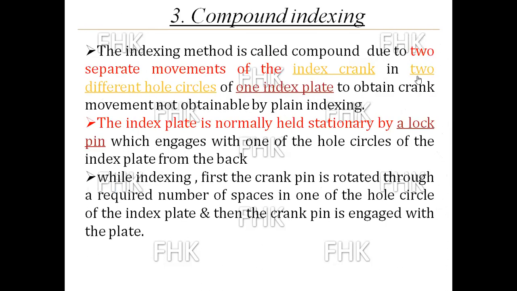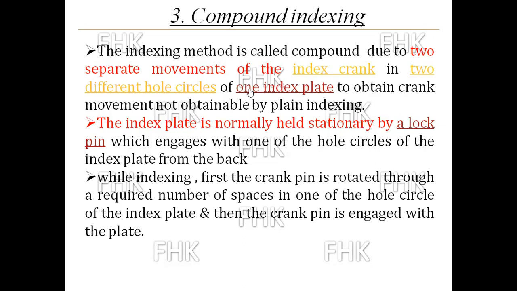So it is written here: two different hole circles on a single plate, on one index plate. Single plate means either the first, second, or third index plate. You do not use a combination from the first plate and the second plate. Why? Because once you fix one plate, you cannot disassemble it until you complete cutting the teeth on the gear.